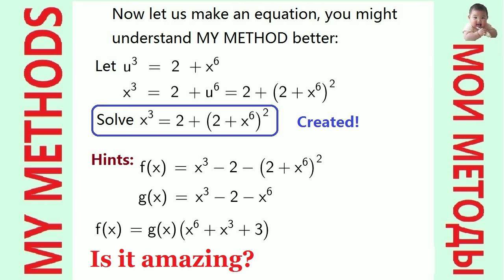Use this one to get this. So we have created an equation like this: x cubed equals 2 plus x to the 6th power, then squared.